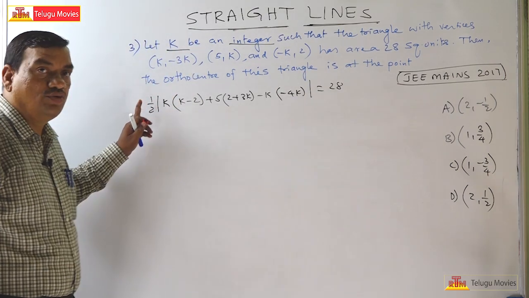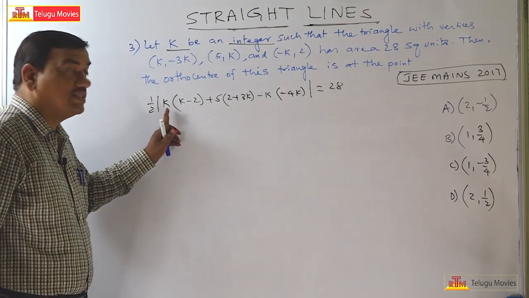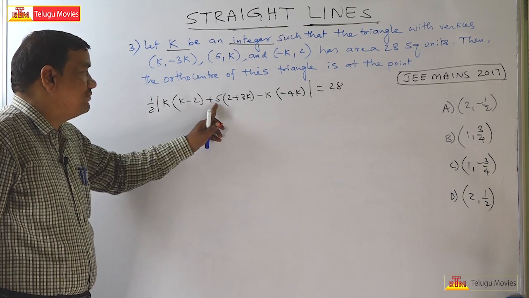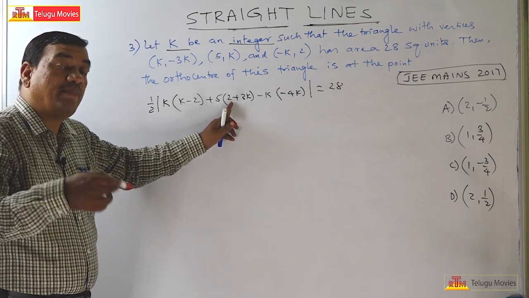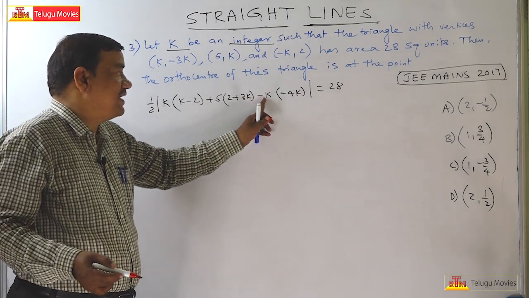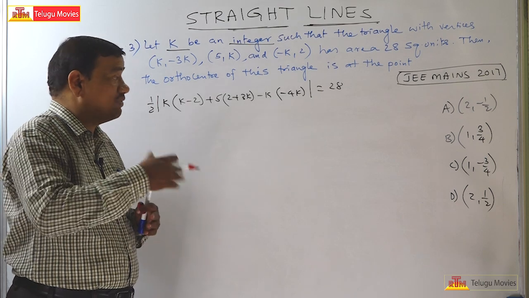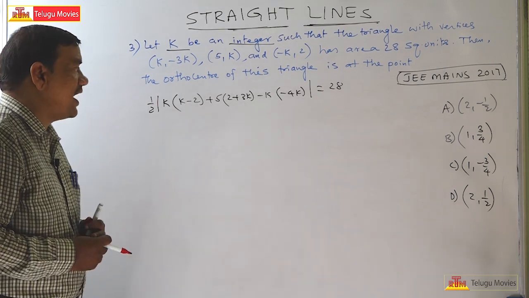I used the formula half modulus y1 times x2 minus x1 plus y2 times x3 minus x1 plus y3 times, sorry, y3 times x1 minus x2. So that is the formula I used.